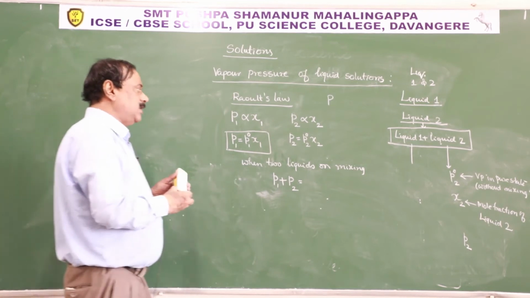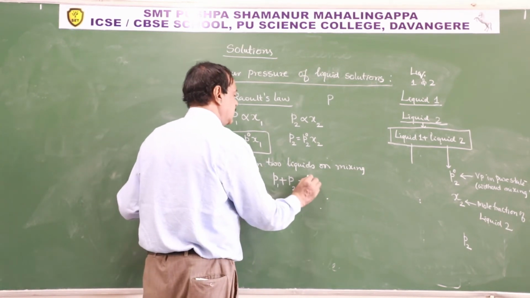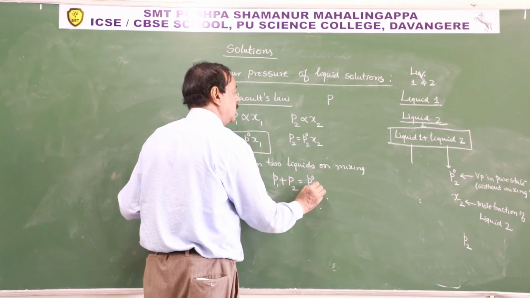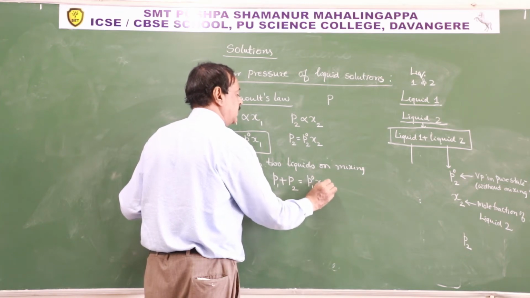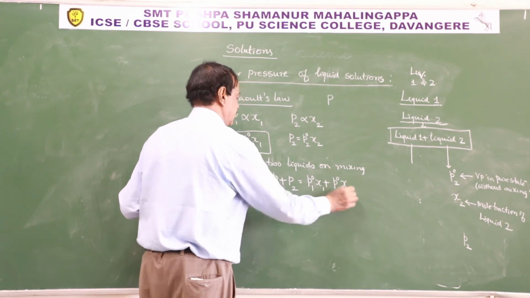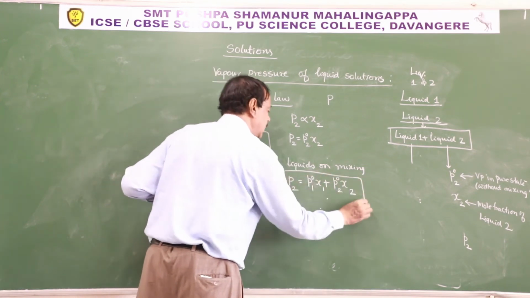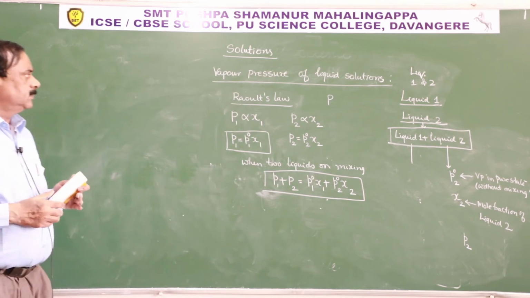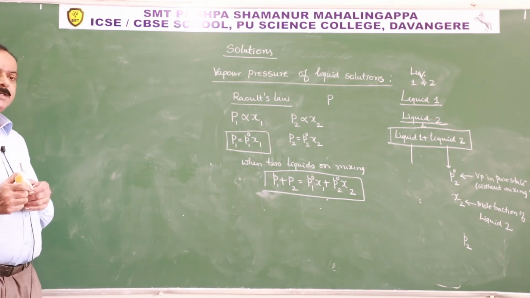Therefore, P1 plus P2 is given by P01 into x1 plus P02 into x2. This is according to Dalton's law. Therefore, Raoult's law is followed by means of Dalton's law.